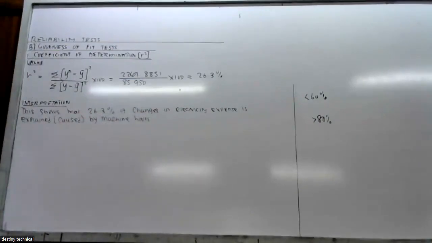This shows that 26.3% of changes in electricity expense is explained or caused by machine hours.